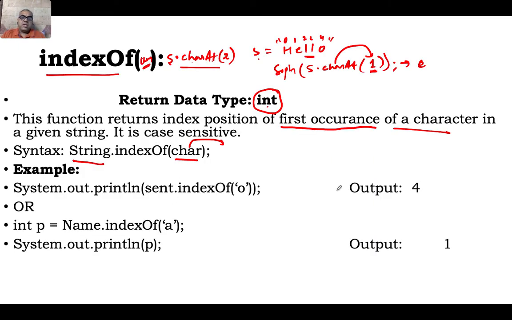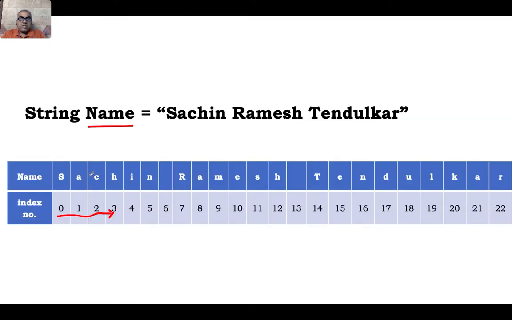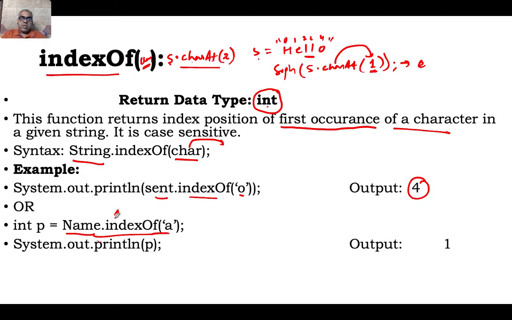So when I apply this, the computer will give me 4, because in sent the first occurrence of o is at index 4. Similarly, in name Sachin Ramesh Tendulkar, take indexOf('a'). The index position of a in name: if I go back to Sachin, a's index number is 1. Now we know this is going to return an integer value 1. That's why the variable p which is storing it is of integer type. So if I print this p, I get 1. This is how you are able to find the first index position of any given character.